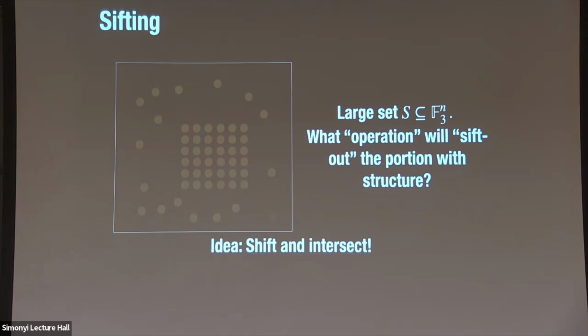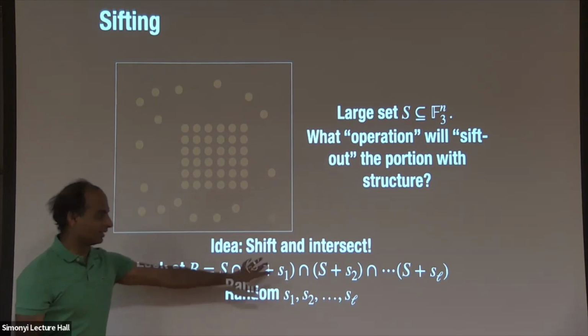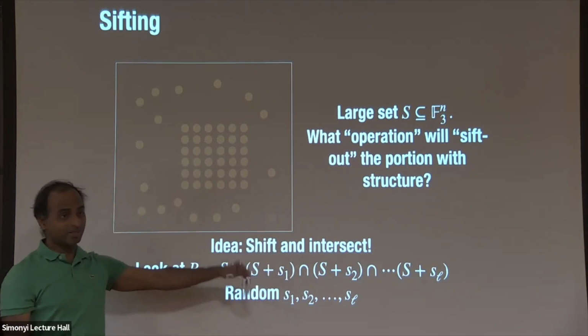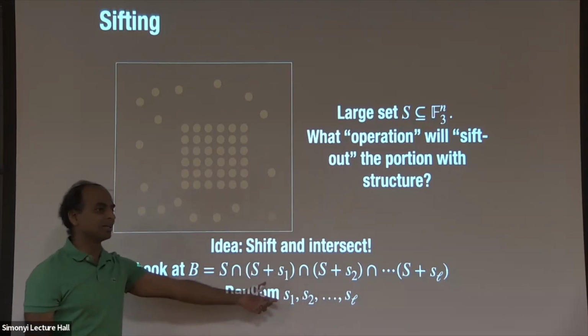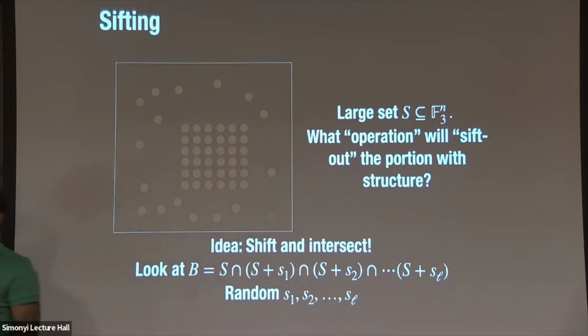So when I do this operation of shifting by a random element and intersecting, and then shifting by a random element and intersecting, presumably, for instance, when all of the shifts are within the subspace, it is going to survive. The intuition is the additive structure part is more likely to survive than the non-structured part.